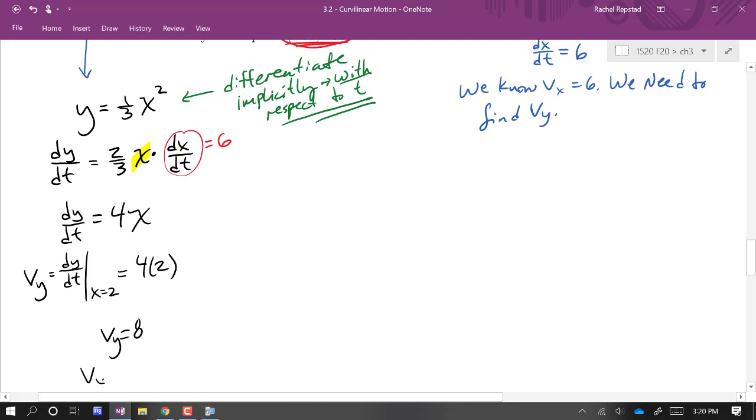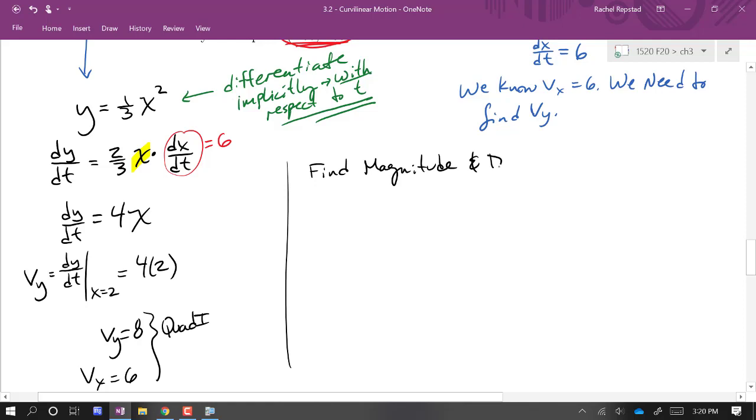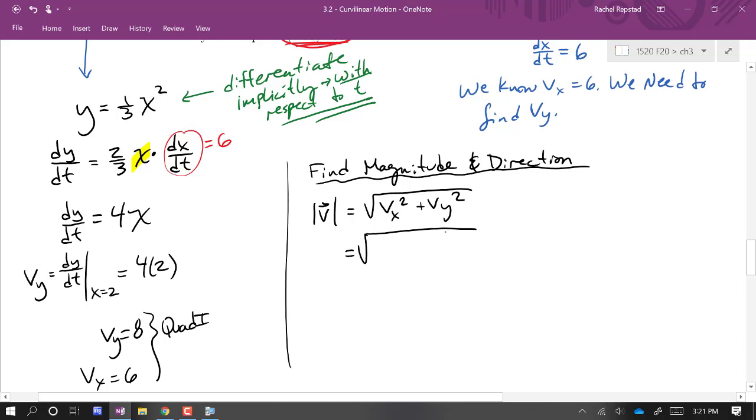We already knew that Vx is equal to 6. This is in quadrant 1 if they're both positive. So now we're going to find the magnitude and direction. Magnitude we get by using Pythagoras: 6 squared plus 8 squared.